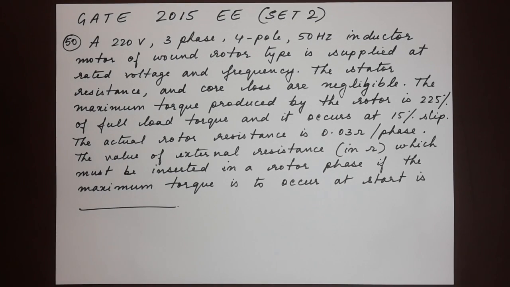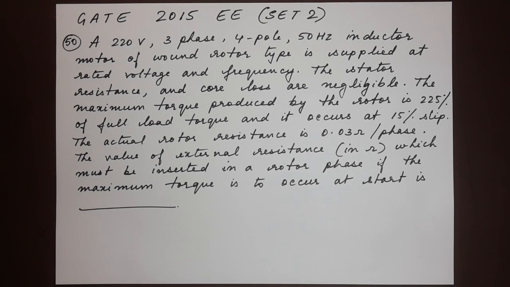Here's the next one, number 50. A 220 volt 3-phase 4-pole 50 Hz inductor motor of wound rotor type is supplied at rated voltage and frequency. The stator resistance and core loss are negligible. The maximum torque produced by the rotor is 225% of full load torque, and it occurs at 15% slip.